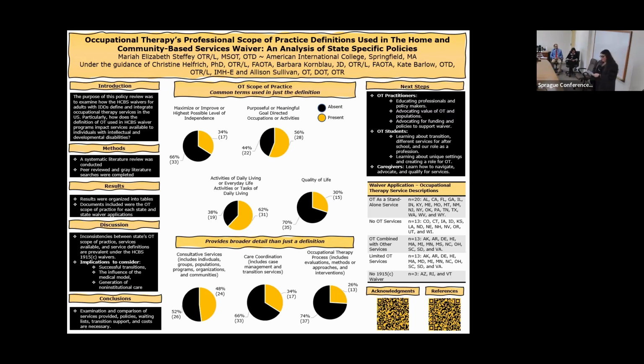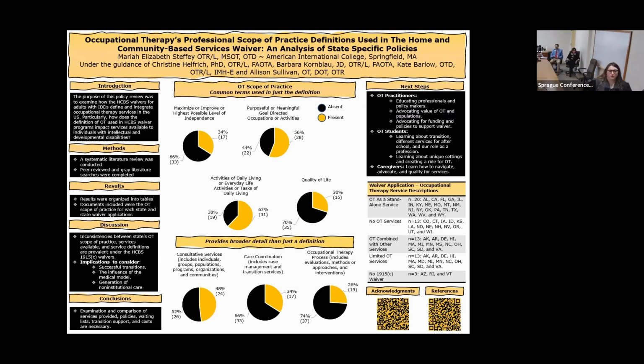And the occupational therapy descriptions were collected from the 1915C waiver applications for adults with intellectual and developmental disabilities who are living and receiving services in their home and community. The terms and phrases that were identified to describe how services in the scope of practice for occupational therapy were depicted were in the 1915C waiver application and the target group for each state.